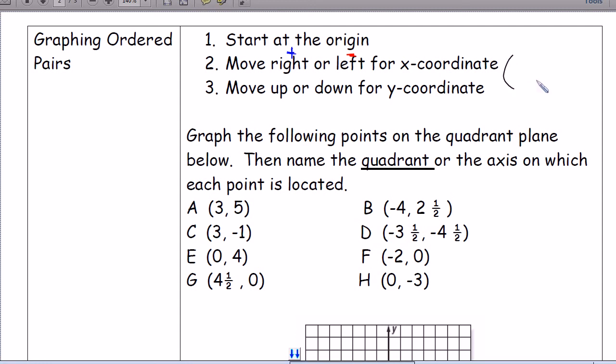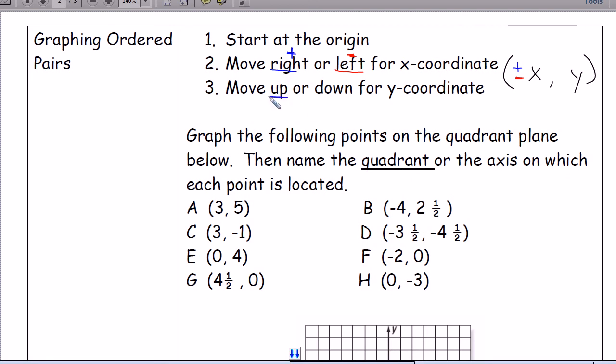So if you have a point, whatever that point is, if you have an x and then you have a y, remember, if it's a positive number, you're going to move to the right. But if that x is negative, then you're going to move to the left. Okay? So positive is right, negative is left. Same thing for the y.